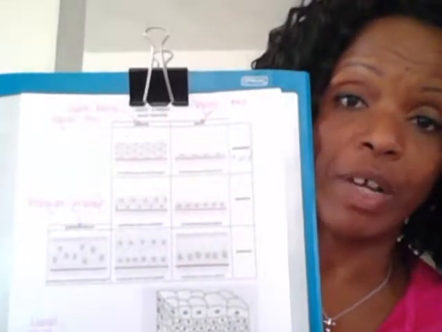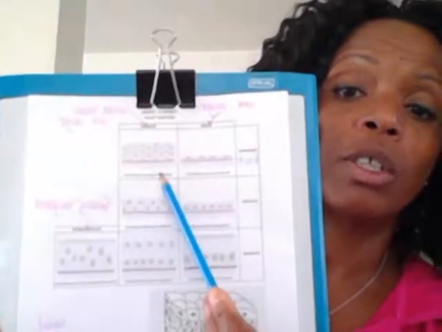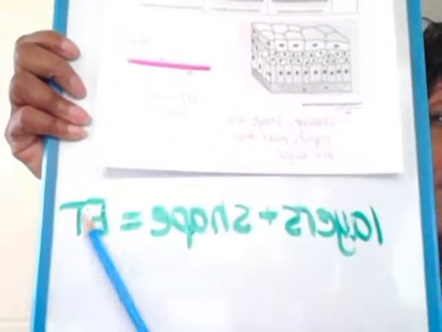For the next grouping of cells, I see more than one layer that's atop the basement membrane. So more than one layer would be stratified. The layers, stratified, the shape, cuboidal, epithelial tissue. Simple enough.